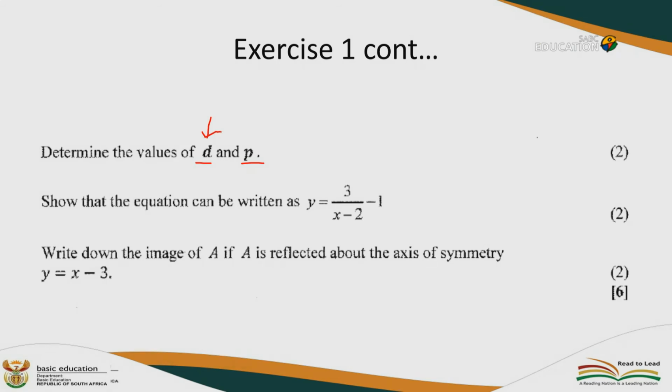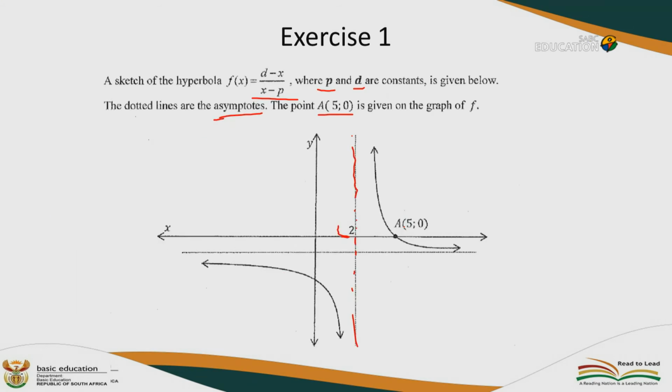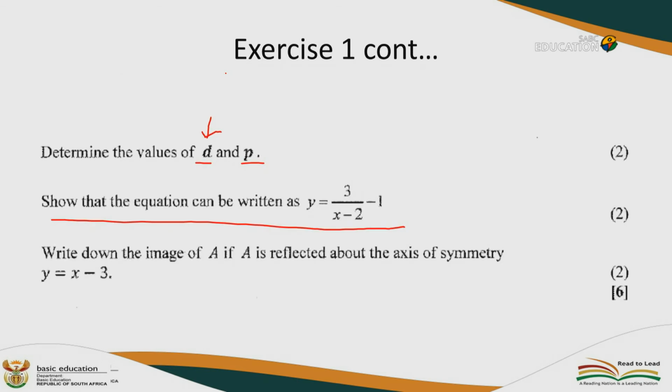In the second question, they want us to show that the equation can be given as y equal to 3 over x minus 2 minus 1. We clearly saw that the equation here is not given in the general form. It's in the other form that I spoke about. So we should be able to move from this form to the general form of the hyperbola. That is what we are going to be doing as well.